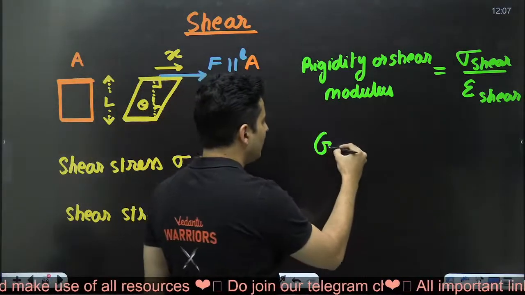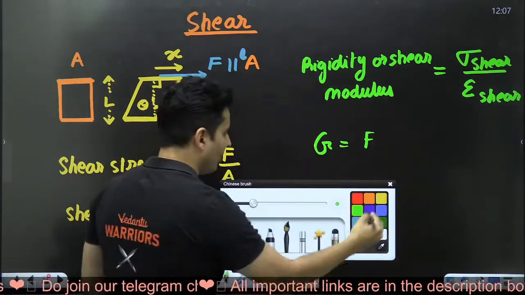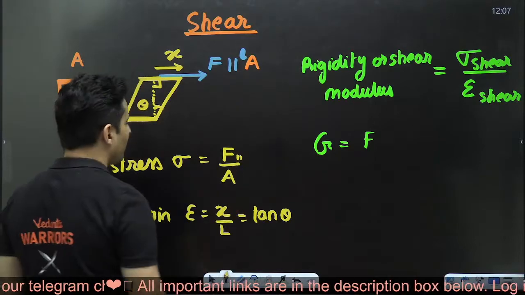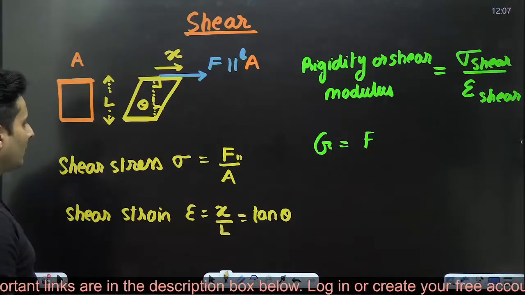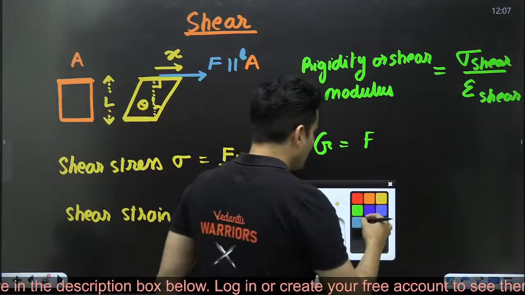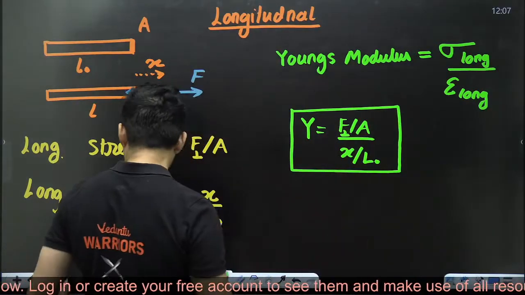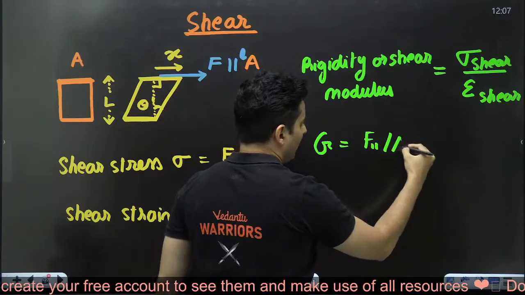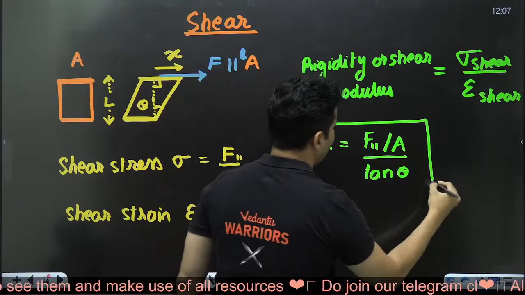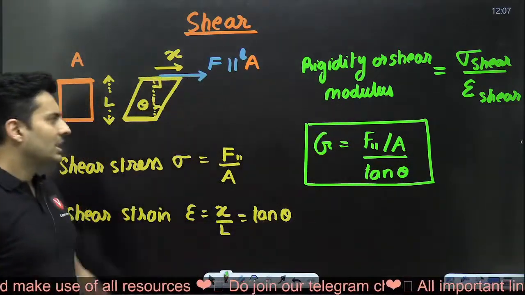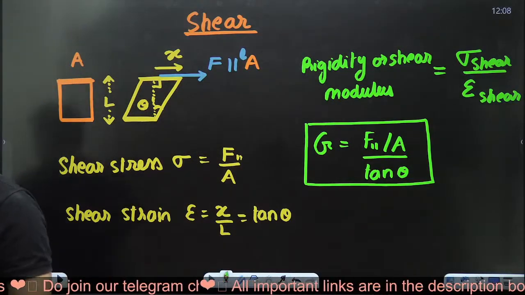The symbol here is G, and that is going to be F parallel per unit area. I'm deliberately putting F perpendicular and F parallel here, since earlier this was F perpendicular. Even in the previous slide, I can just put F perpendicular like this. So this will be F parallel per unit area divided by tan theta, or just X by L also will work. So that is your shear or rigidity modulus. Till this point, everything is clear?